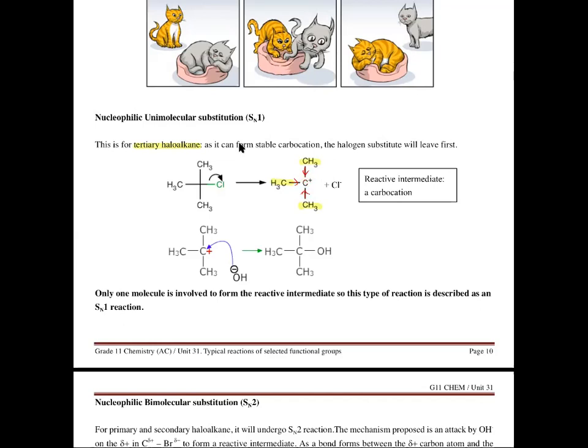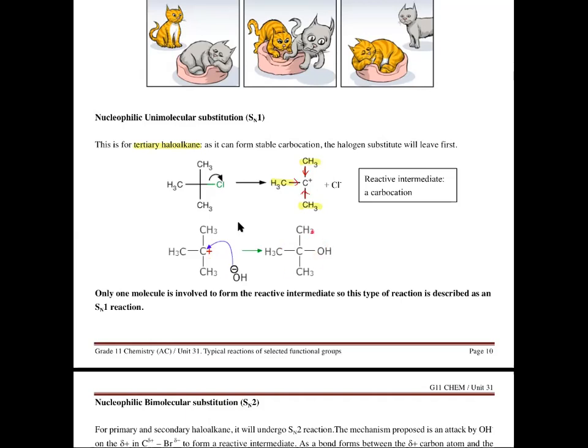And that's the first step. It happens stepwise. In the second step, remember we have OH minus in the aqueous solution. The OH minus has a lone pair, unshared electrons, so it acts as a nucleophile. The nucleophile would attack the positive side of the molecule, that is, the carbocation, and then it will form this product.